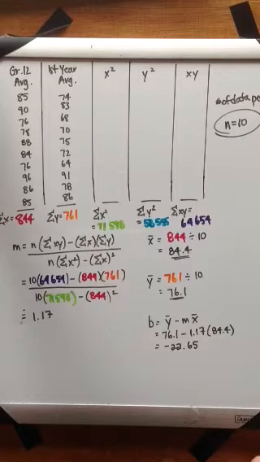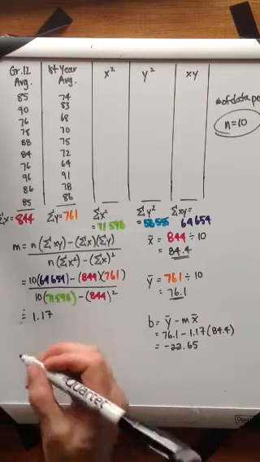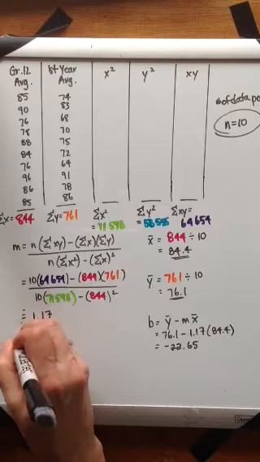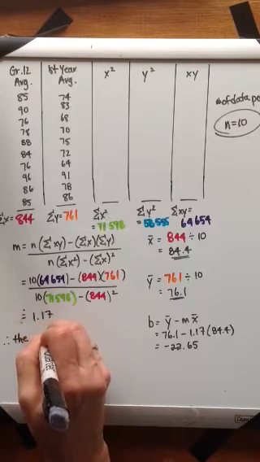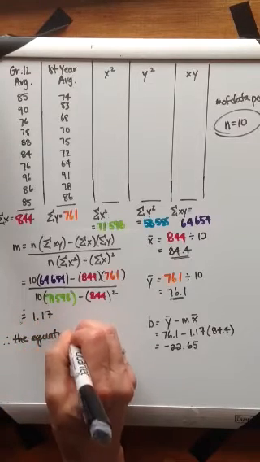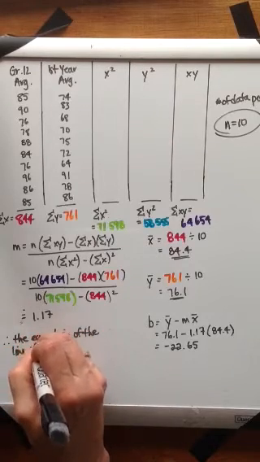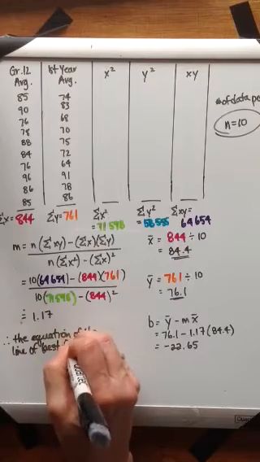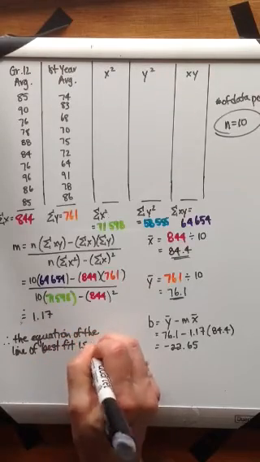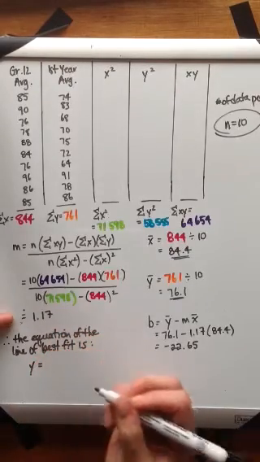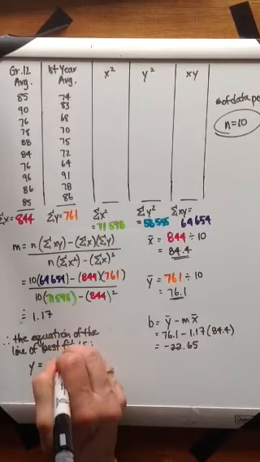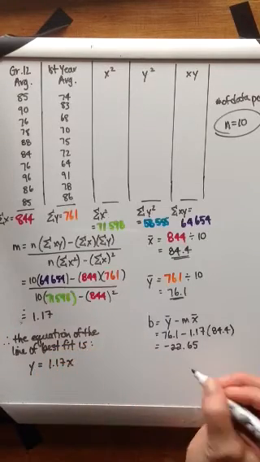Okay? So if we put these two pieces together, we can say with certainty, therefore, the equation of the line of best fit for our data set is y equals mx plus b, 1.17x.